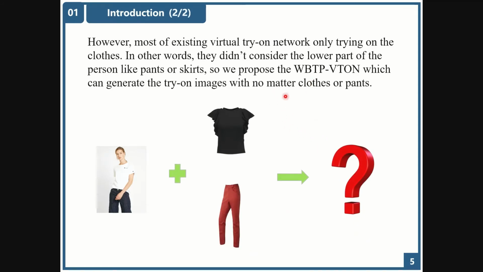However, most existing virtual try-on networks only handle clothes. So we propose the WBTP virtual try-on network, which can generate try-on images with either clothes or pants.